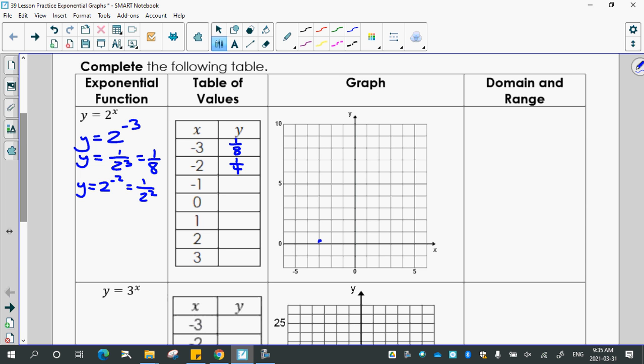So here's 1/4, not halfway yet. 2 to the -1 is 1/2.